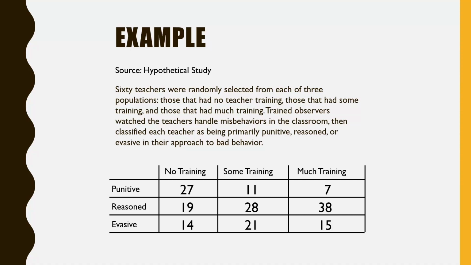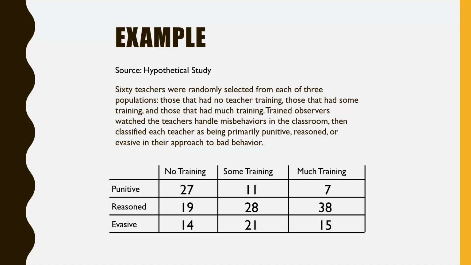If you said we want the proportions conditioned by column, that's correct. That is, I want to know in the no training condition what proportion of the teachers are punitive. I want to know in the some training condition what proportion of the teachers are punitive. And in the much training, what proportion of the teachers are punitive.